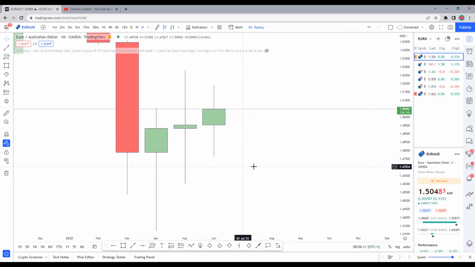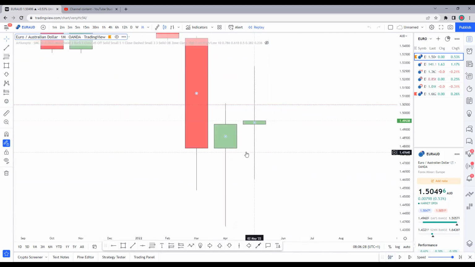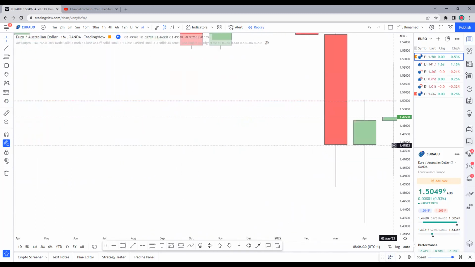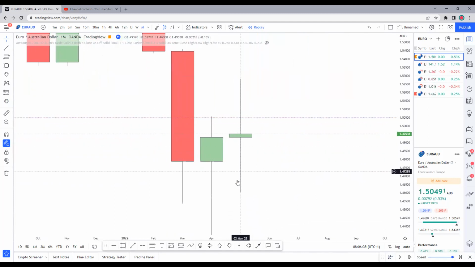So what we have here, I'll actually put this on to replay because I'll show the previous month, not the current month. Right, so what we have here is this candle. It doesn't look like the candle we showed on the anatomy, but it's still got the wicks.